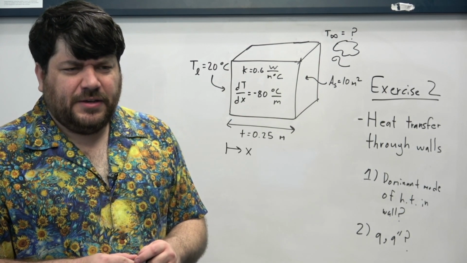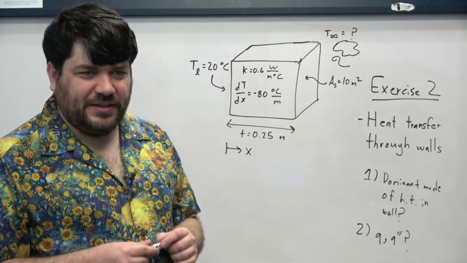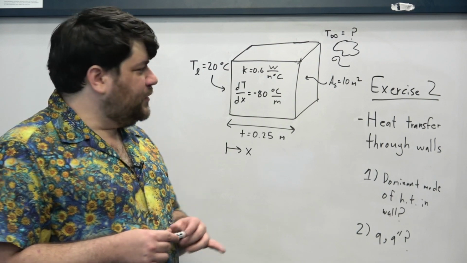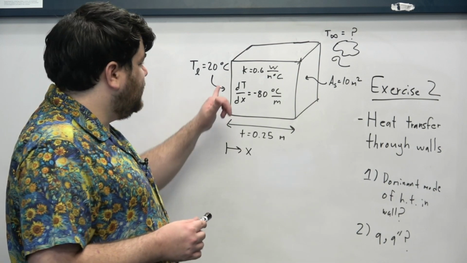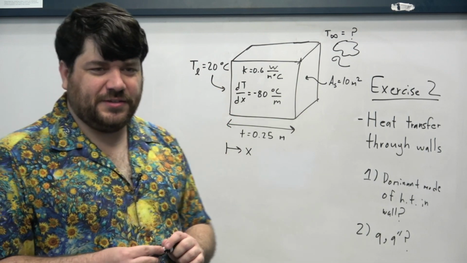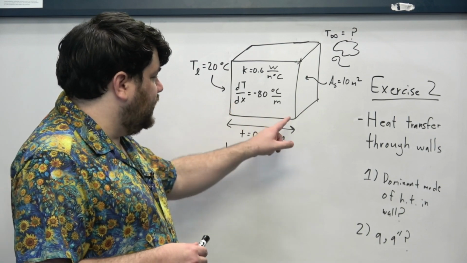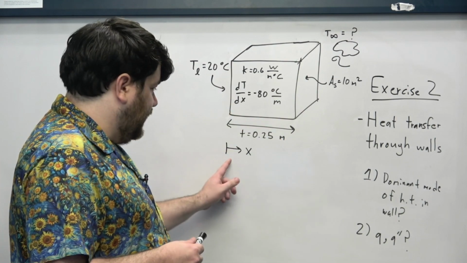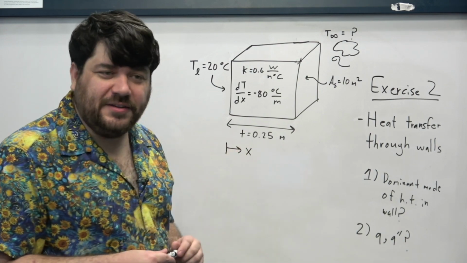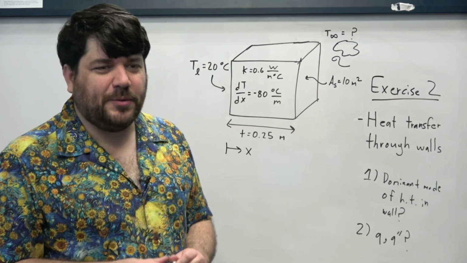And we know certain things about what the temperature looks like inside of this wall, which is that the left side of this wall is at a constant fixed 20 degrees Celsius, and that the temperature gradient in this wall in the x direction, which we've defined to be to the right, is negative 80 degrees Celsius per meter.